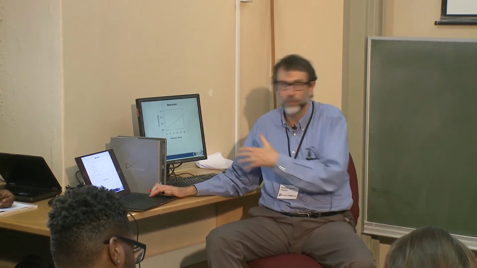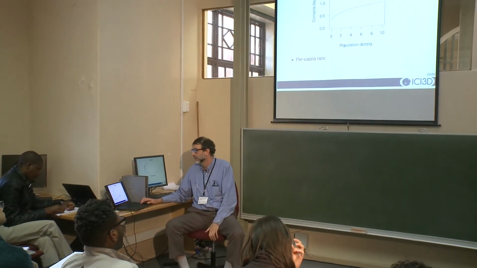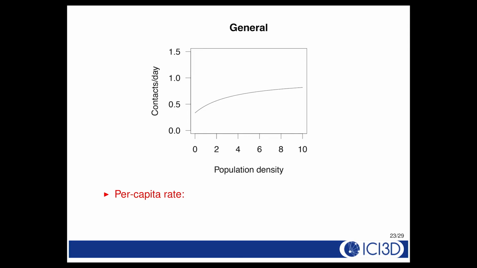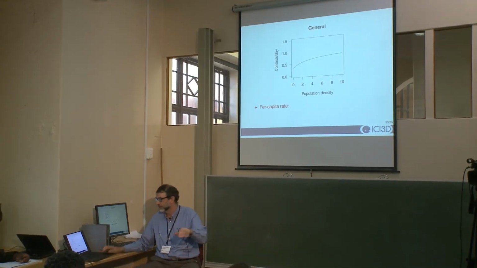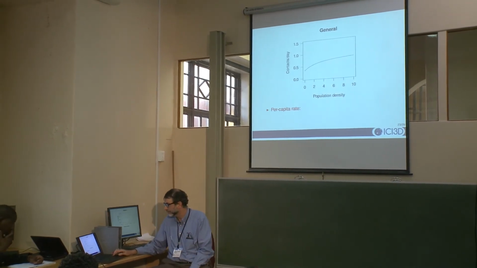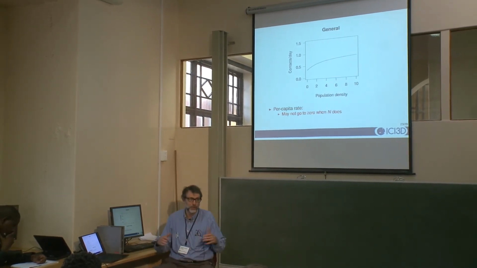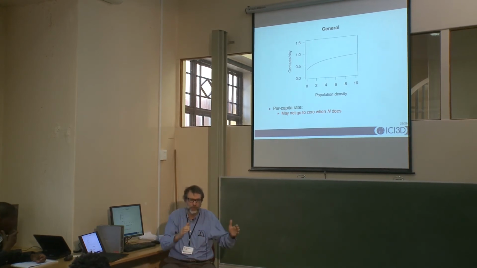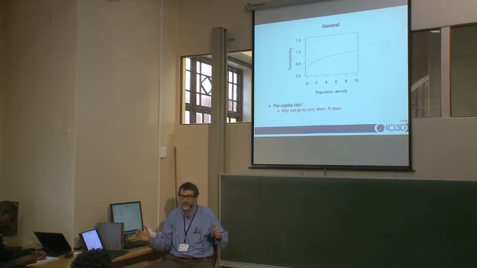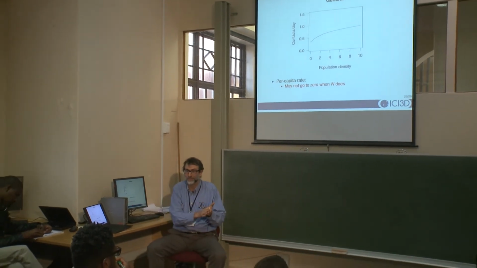And once you say it that way, you're not limited to these two choices, right? If you had enough data, you could try to have a realistic function for how beta might change if N is changing. So remember that beta is the per capita rate. It's the rate at which an individual susceptible or an individual infectious individual is making contact. And so if we go from 100,000 people to 20 people, we probably don't expect that per capita rate to reduce by a factor of 5,000, right?